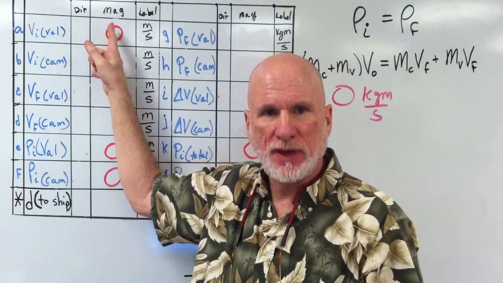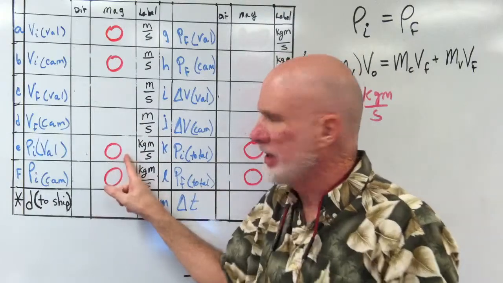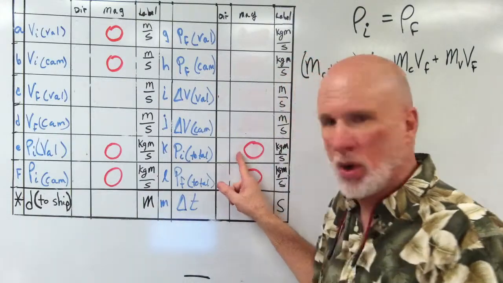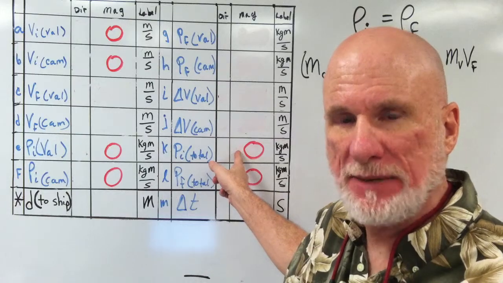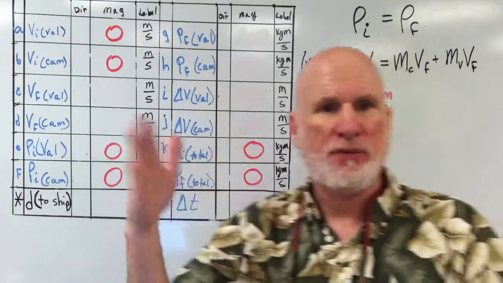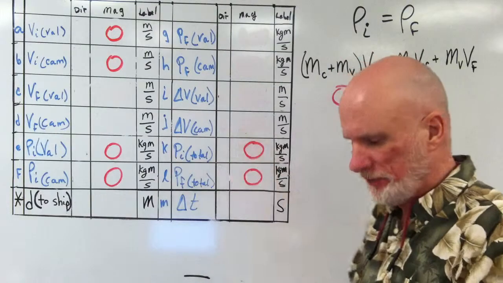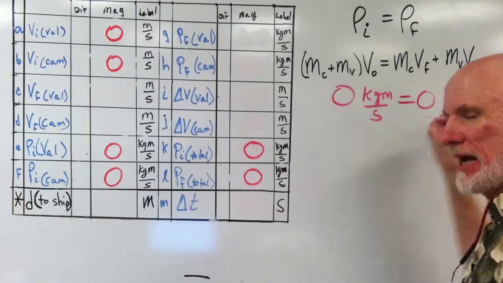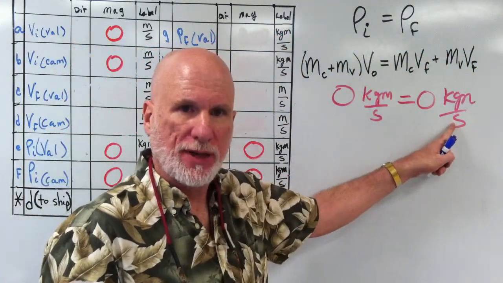The total is of the system. The system is the camera and Valentina. The final momentum equals initial momentum, so these are 0 as well. Therefore, this is going to equal 0 kilogram meters per second. Okay? 0 kilogram meters per second equals 0 kilogram meters per second.